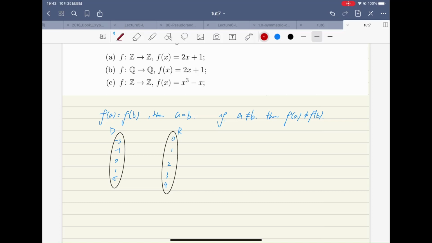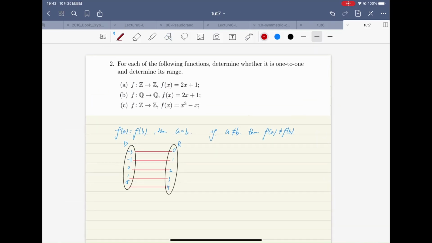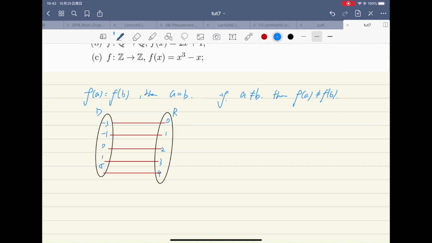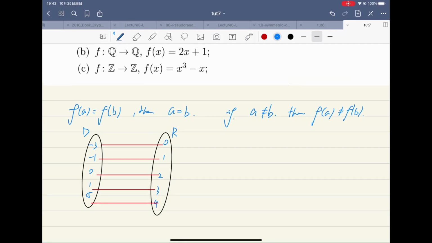One-to-one means each value in the domain has its own associated value in the range. This means the one-to-one. And we can have something like 4, 5 here. We can have some value in the range that does not map from a value in the domain, but any value in the domain should have an associated value in the range.